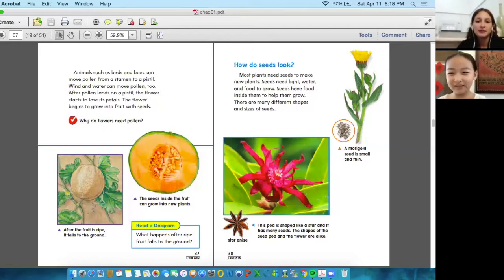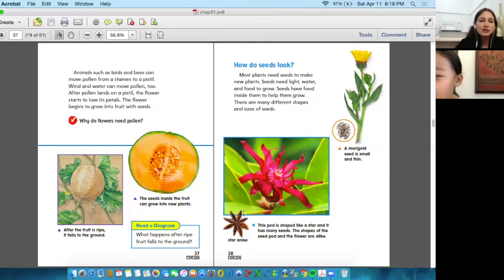Oh, okay. Okay, so let's read about this flower or this seed. This pod is shaped like a star, and it has so many seeds. The shape of the seed pod and the flower are alike.